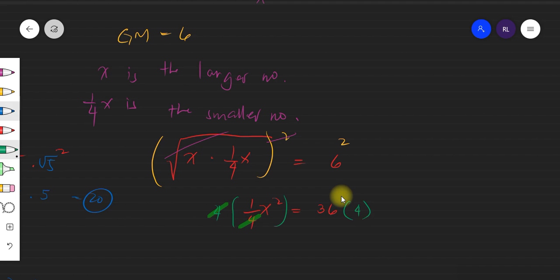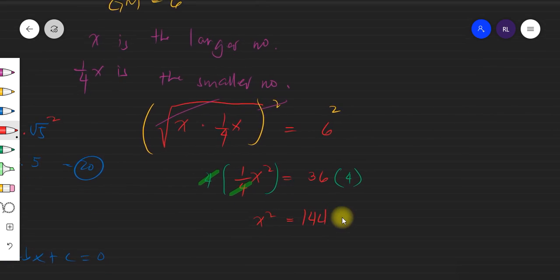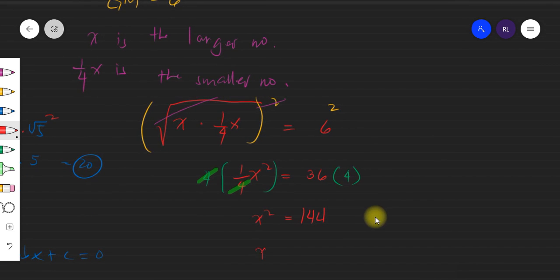Therefore, our resulting equation is x squared equals 36 times 4, which is 144.